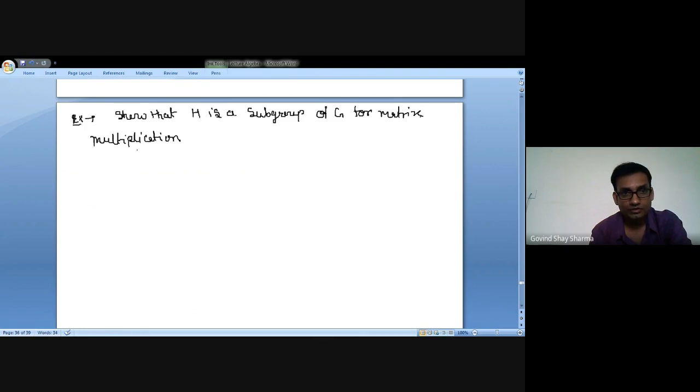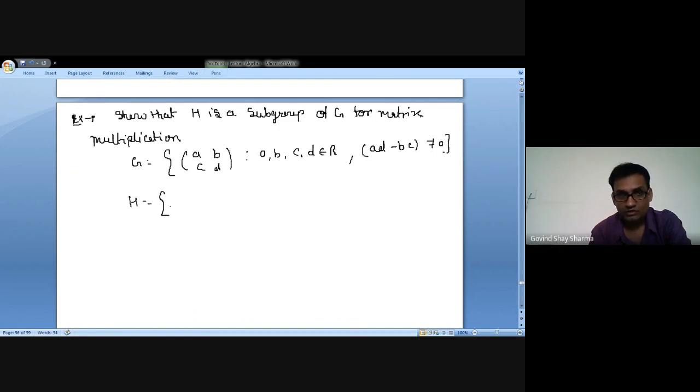G is the set of matrices a b c d, where a b c d belong to R and a d minus b c is not equal to 0. H is the set of matrices a b 0 d, where a b c d belong to R and a d is not equal to 0.